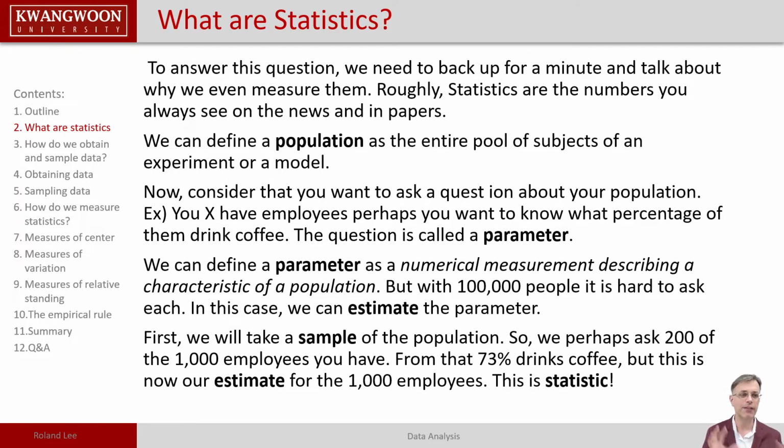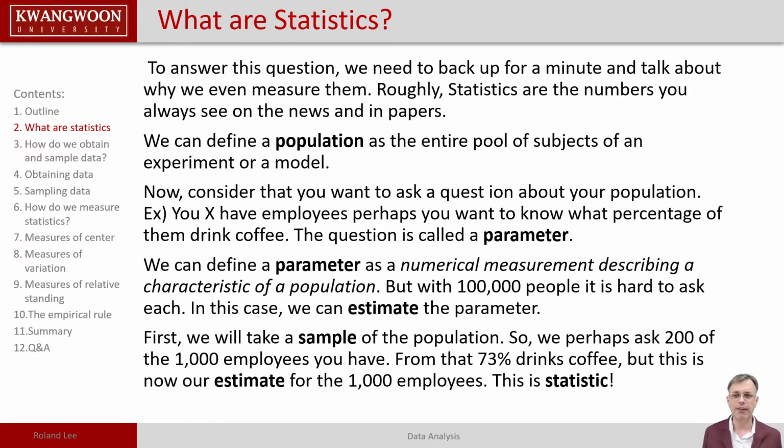So now, if this is an estimate, then you already know what we call a statistic. This is the statistic. It's an estimate of a parameter. It's these kinds of numbers we can only estimate because the population itself we cannot check or control over time.